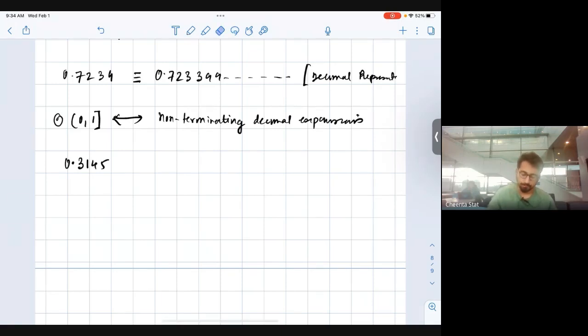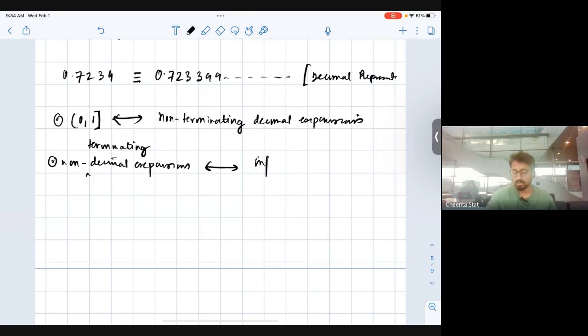Now, this non-terminating decimal expansion has a bijection with an infinite sequence of integers. Now, which type of integers? Belonging to 0 to 9.